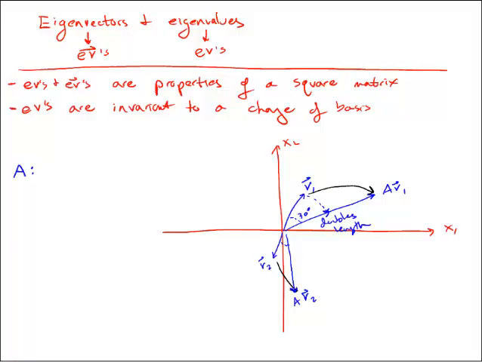So what does A do? It rotates and stretches or shrinks vectors. One way to talk about A is to make a big list of all the vectors you can possibly think of, and then say how much each one is rotated and how much each one stretches or shrinks when acted upon by A. You can do that if you have a lot of time on your hands, but it's really not a very good idea because the list of all possible vectors is infinite.